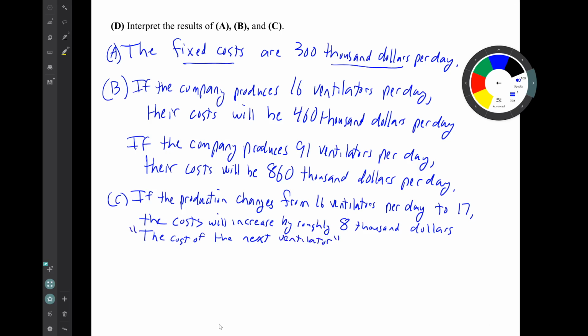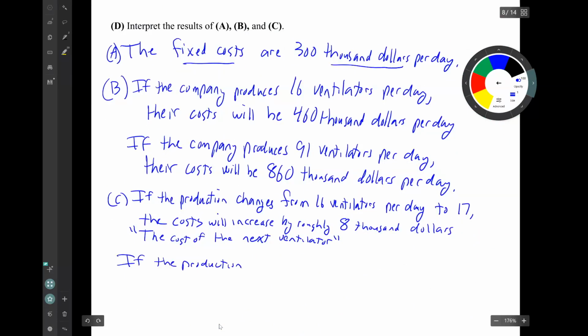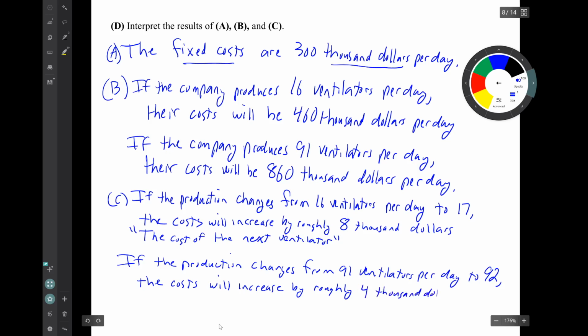On the other hand, if the production is 91 ventilators per day and production increases to 92 ventilators per day, then the approximate change in costs will be this number, C prime parentheses 91, which is 4. So if the production changes from 91 ventilators per day to 92, the cost will increase by roughly $4,000.